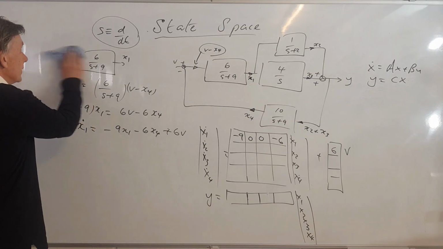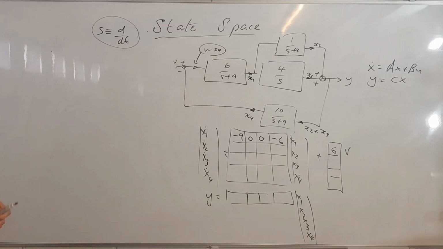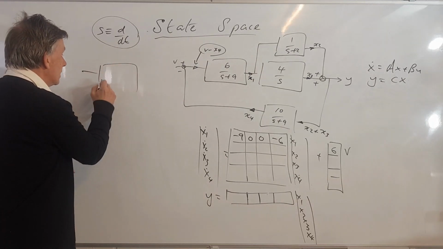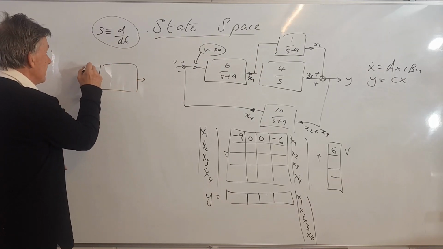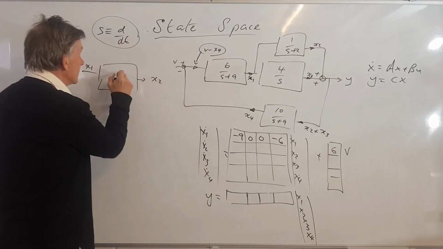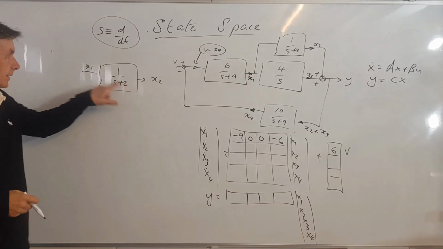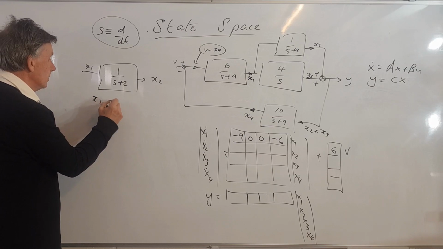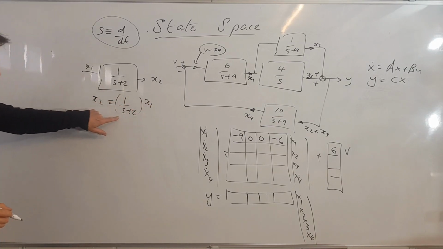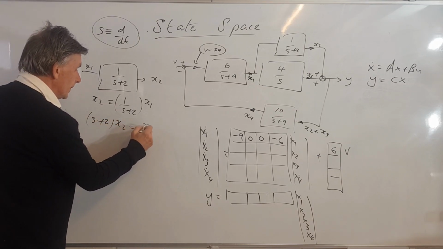We can now move through each of the boxes in turn. So let's do this one next. Our next little box has got x1 going in, x2 coming out, and this is 1 over s plus 2. So x2 is 1 over s plus 2 times x1, and move this up here. So s plus 2 times x2 is equal to x1.